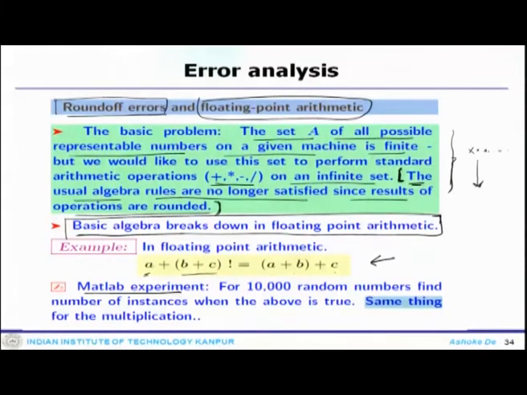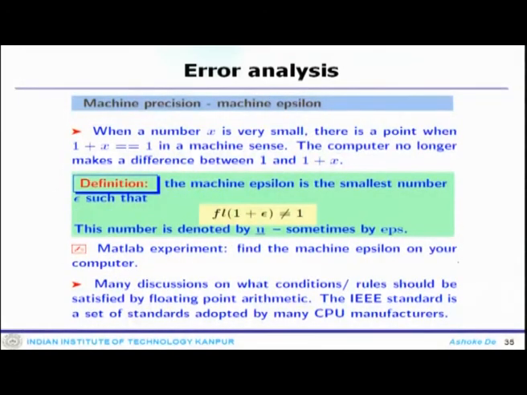These are some numbers: for 10,000 random numbers, find the number of instances when the above is true. So, one can carry out this exercise by oneself and try to check this particular problem.